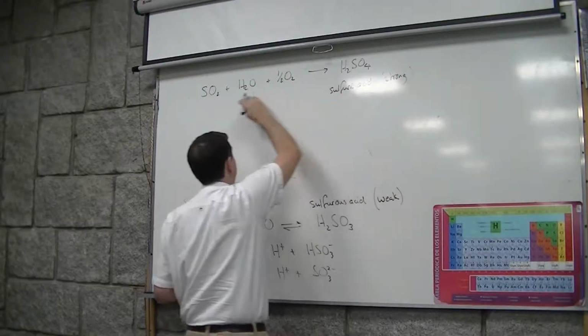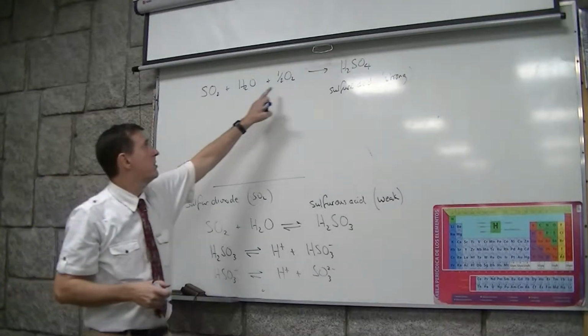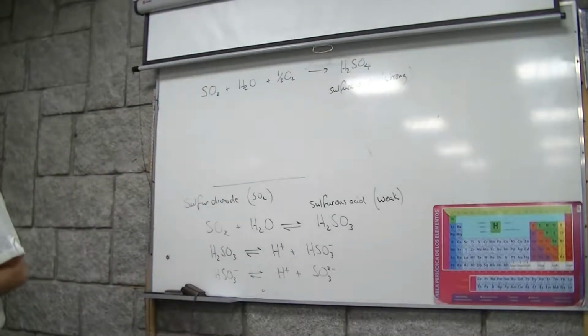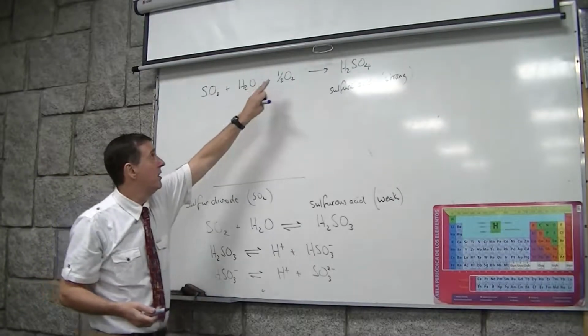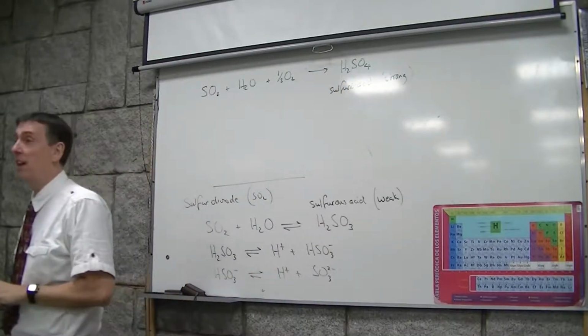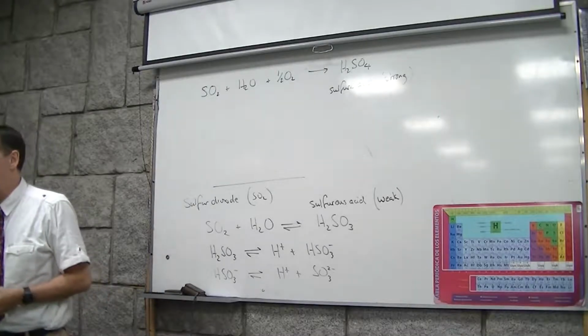So now we've got sulfur dioxide in the presence of oxygen, which of course is in the air, lots of oxygen in the air. So if you put sulfur dioxide into the air with the water vapour and the oxygen, a certain amount of it can produce sulfuric acid, which is a very strong acid. So this then becomes dangerous to the environment.